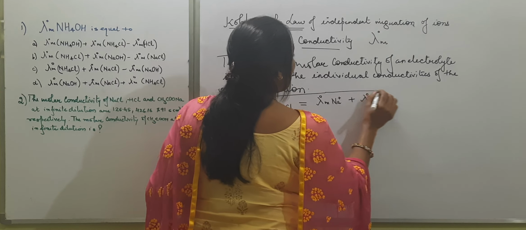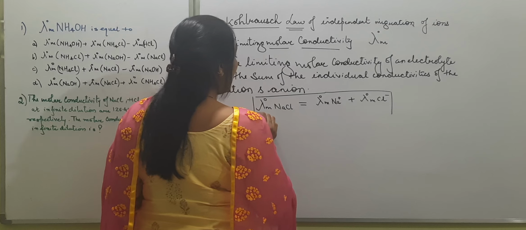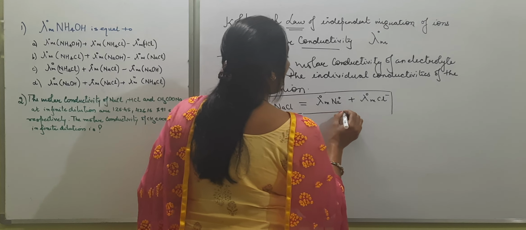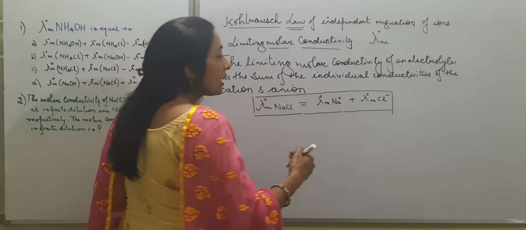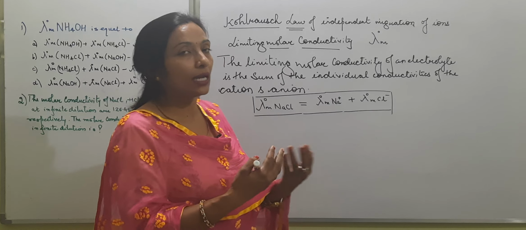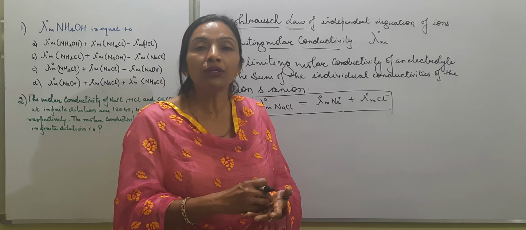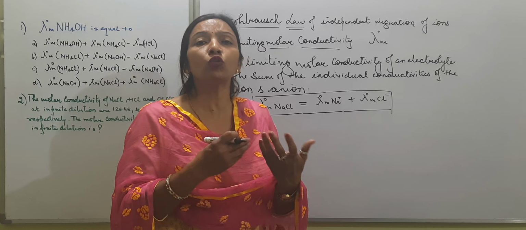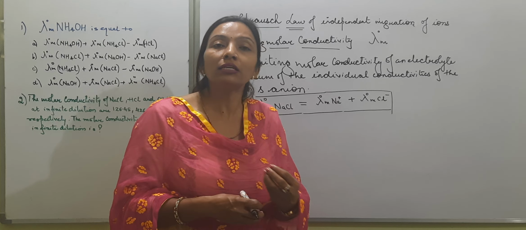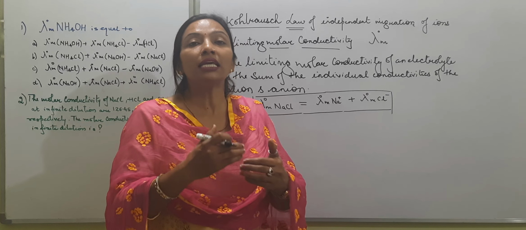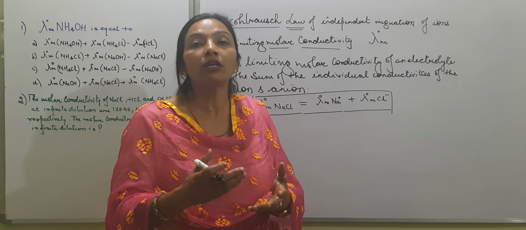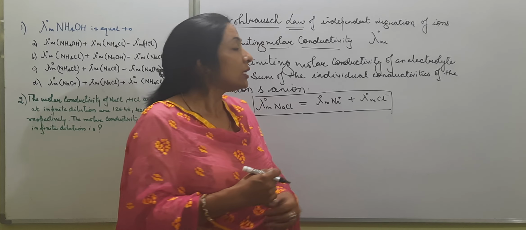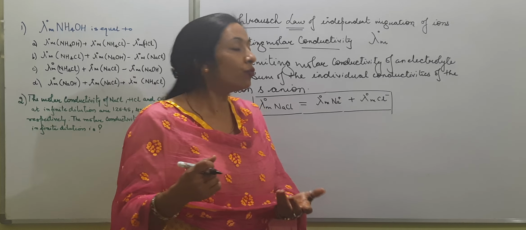What it says is that if you want to find the limiting molar conductivity of any electrolyte, and limiting molar conductivity I just explained, it is the conductivity when dilution is infinite, means it has too much solvent. Now ions are free to move because the interionic space is covered by the water molecules.